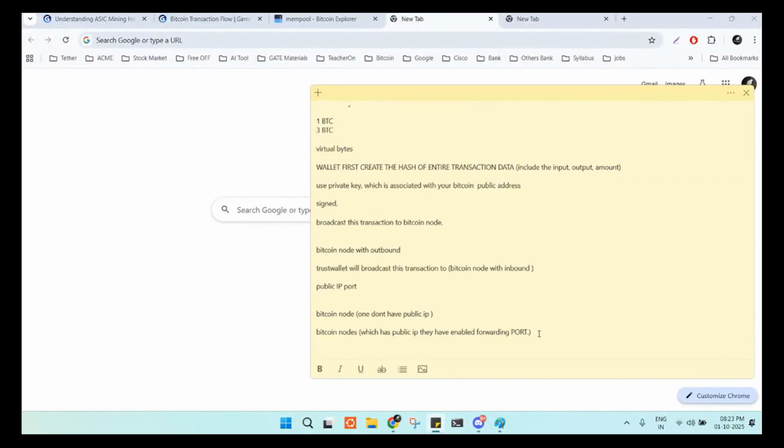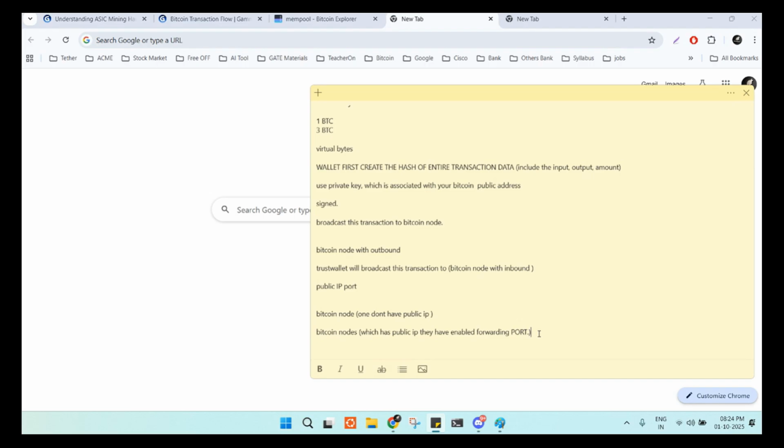If I initiate one transaction from Trust Wallet and I want to send some BTC to another person, whenever my transaction is initiated, you are saying this transaction goes to the Bitcoin node, right?